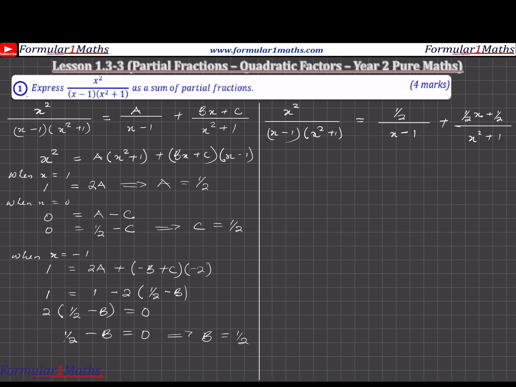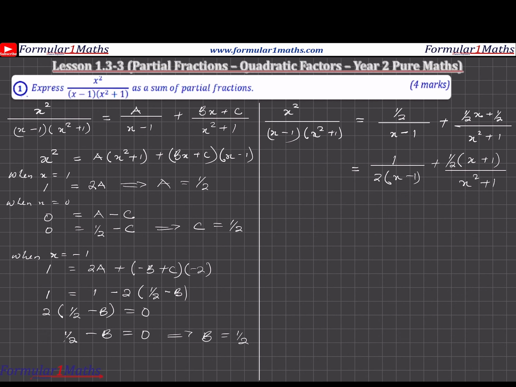We can simplify that further by saying 1 over 2 brackets x minus 1 plus half brackets x plus 1, all of that over x squared plus 1.